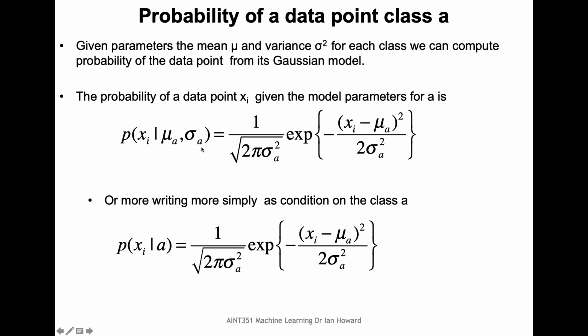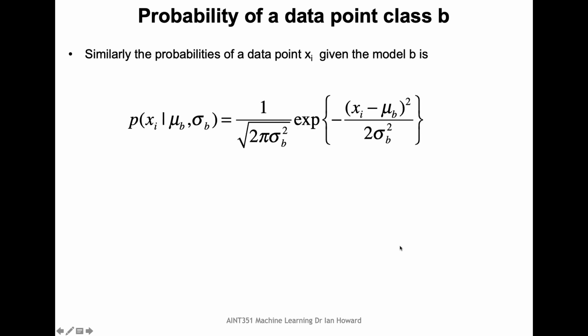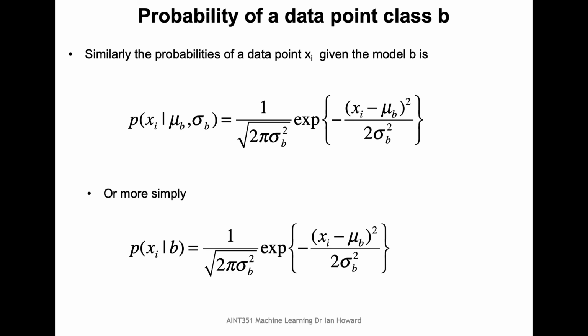This is explicitly saying that this data point is conditional on the mean and the standard deviation of class A, but we could just write it in a simplified way, just saying it's conditioned on being from the model corresponding to class A, and the rest of it stays the same. Do exactly the same for class B, right? So we have to calculate the probability of the data point given it came from class B.